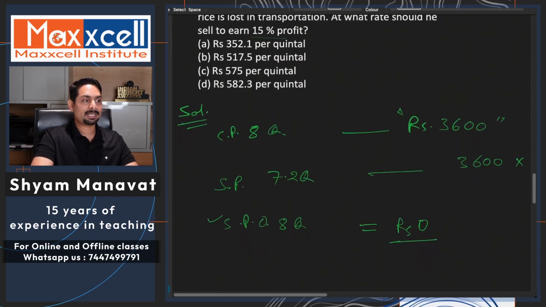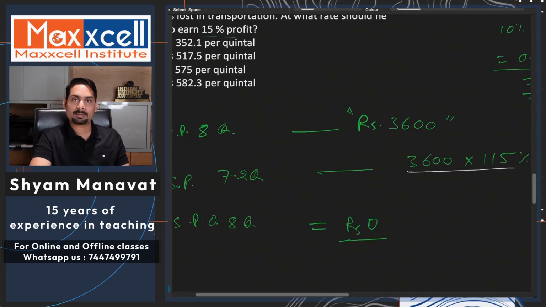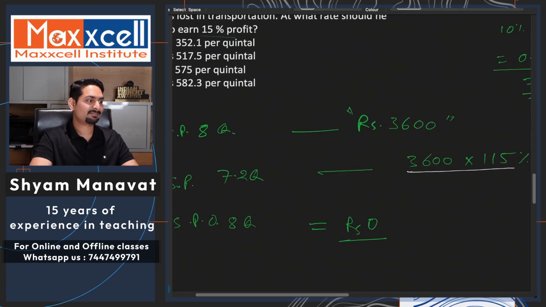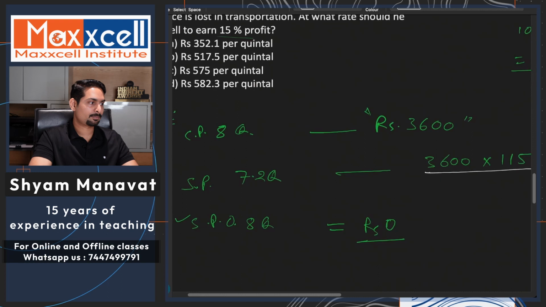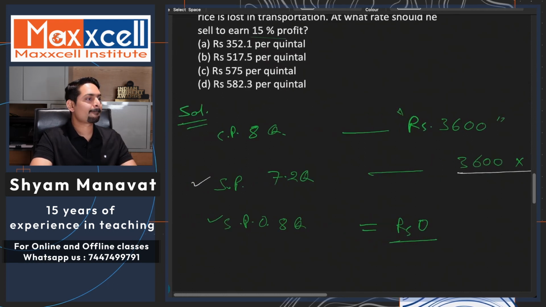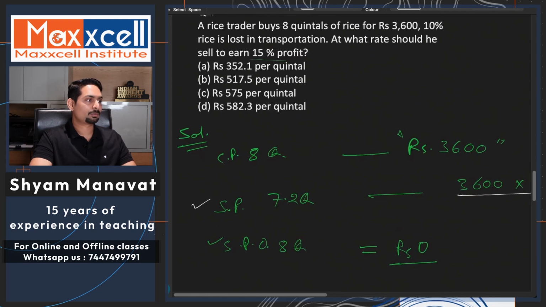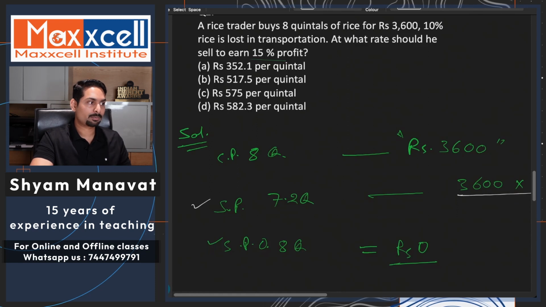Now this selling price is of 7.2 quintals. I hope this part is also clear to you. At what rate should he sell to earn 15% profit? Now in the options, you have the price per quintal.